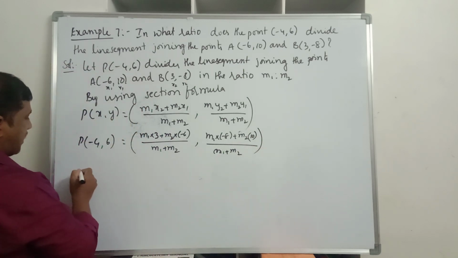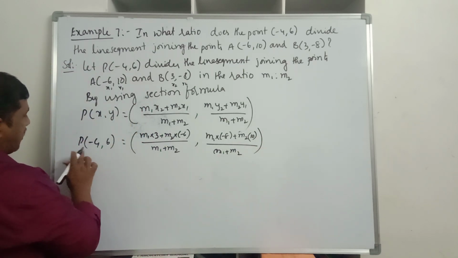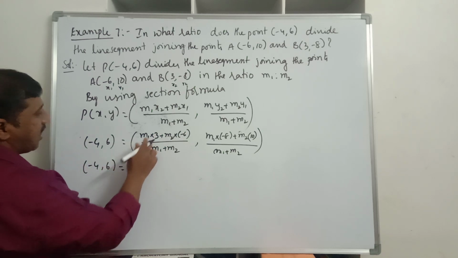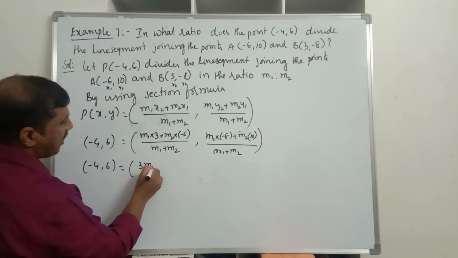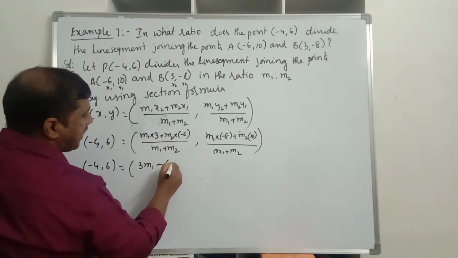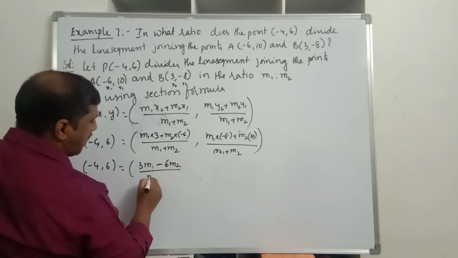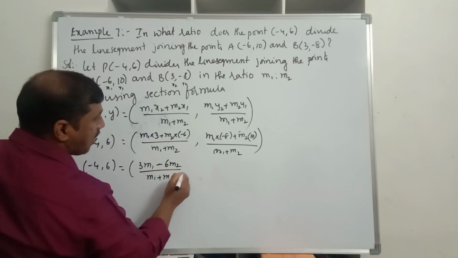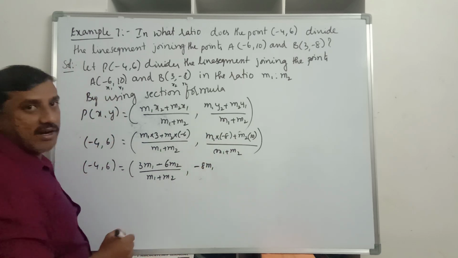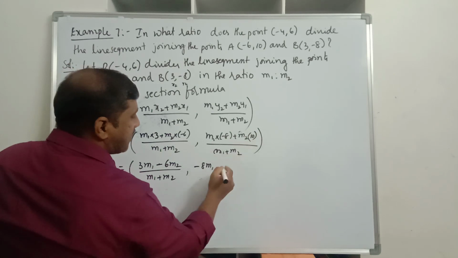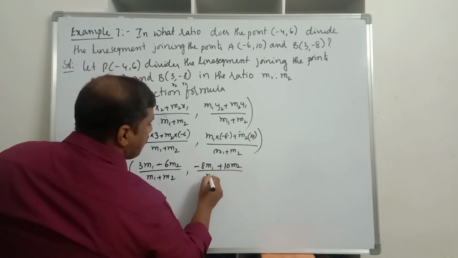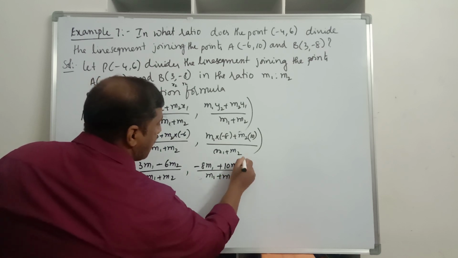Simplify this, we will get (-4, 6) is equal to 3 into m1, it is 3m1, plus minus 6 into m2, it is -6m2, divided by m1 plus m2, and minus 8 into m1, it is -8m1, plus 10 into m2, it is 10m2, divided by m1 plus m2.